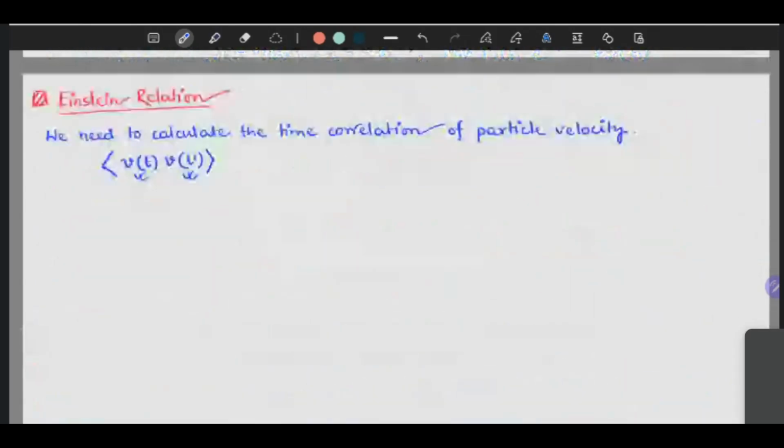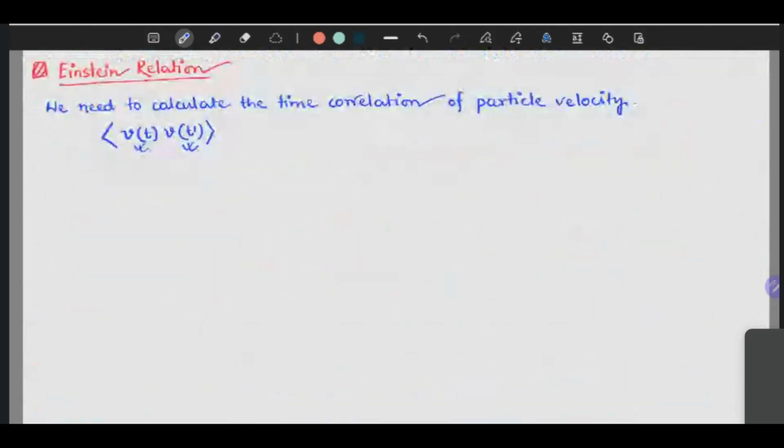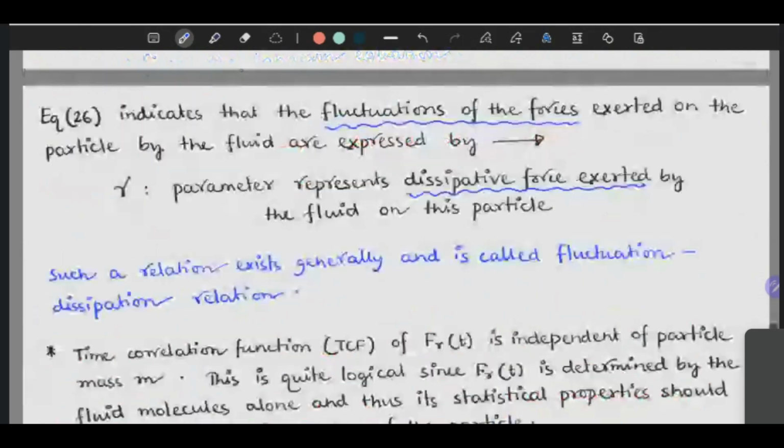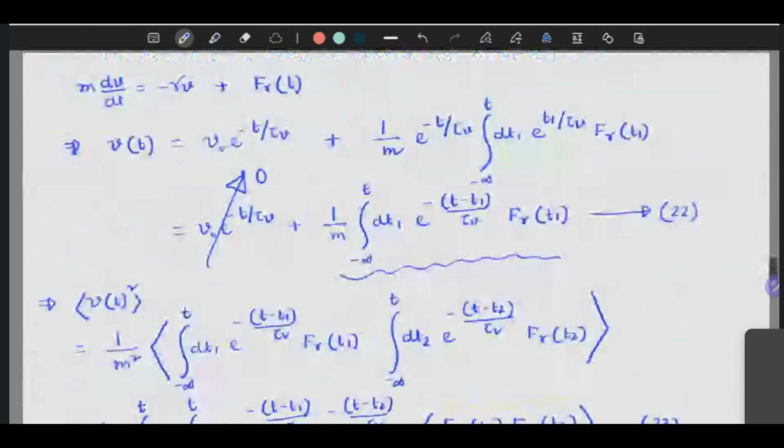So let me write it: V(t) is 1 by m, and let me copy this.